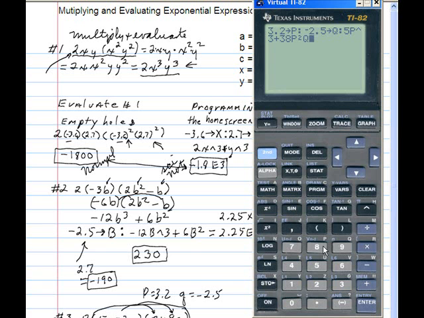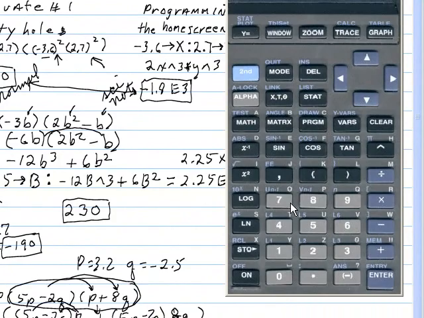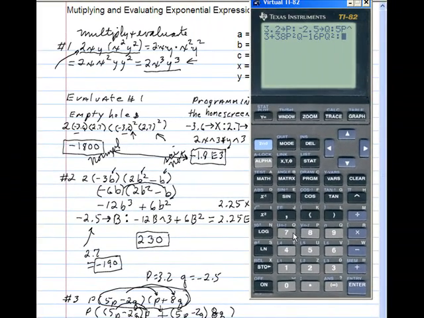So 38 p squared q, and then I want plus or minus 16 pq squared. 16 alpha 8 for p, alpha 9 for q squared. And of course, the only thing that squares is the q. It does not square the p. And then I put in a colon, second period. And there you have what it looks like on your calculator.